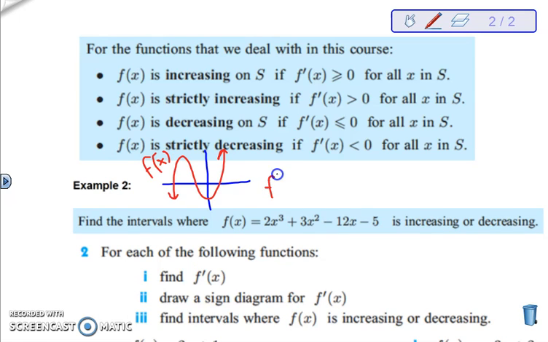So my f prime is going to be 6x squared plus 6x minus 12.